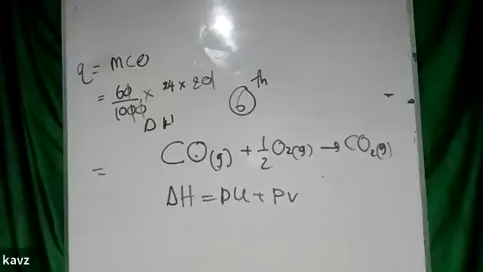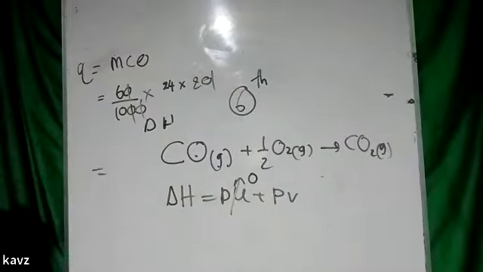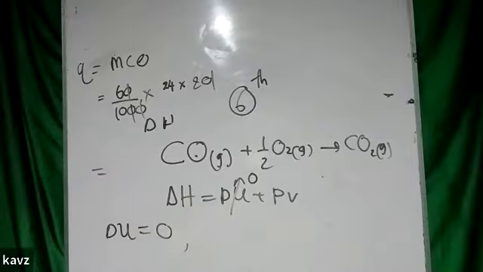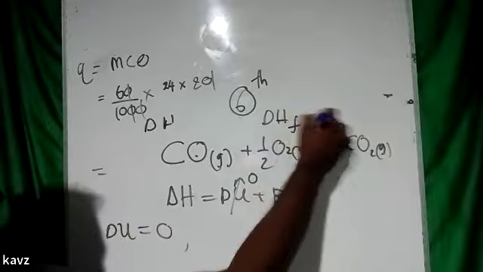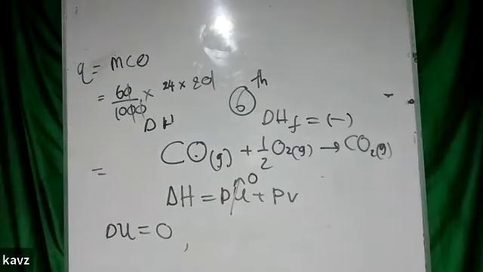Next, they say the temperature is constant. So when there is no change in temperature, delta U becomes zero. To my knowledge, delta U becomes zero. And what about delta H? For this reaction, the delta H of formation was a negative value. It was an exothermic reaction.